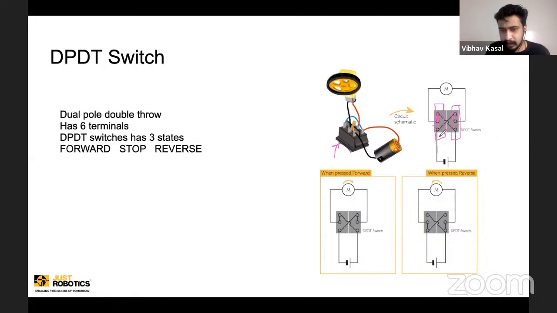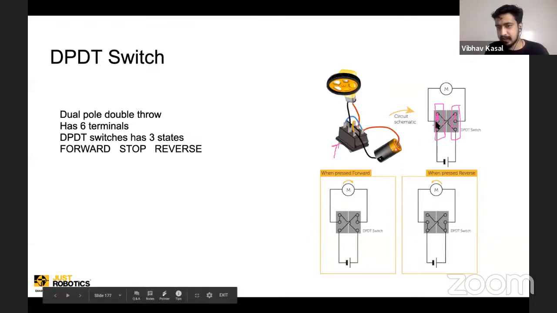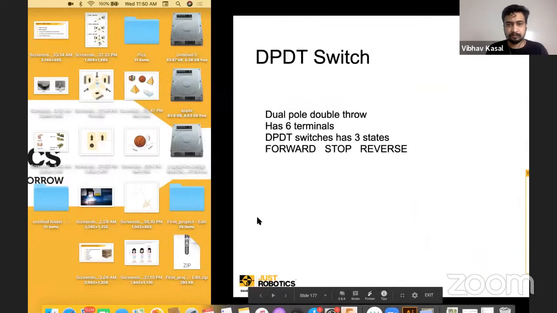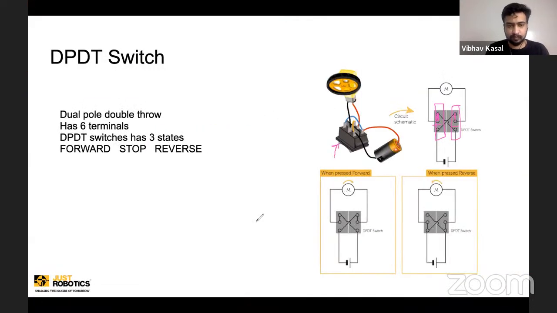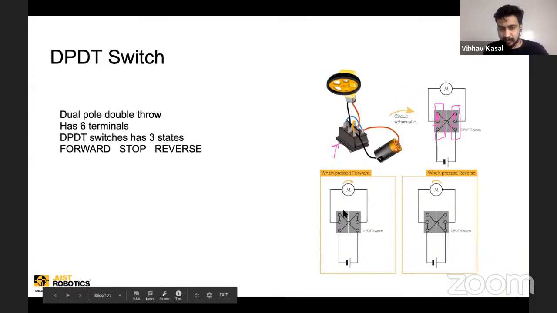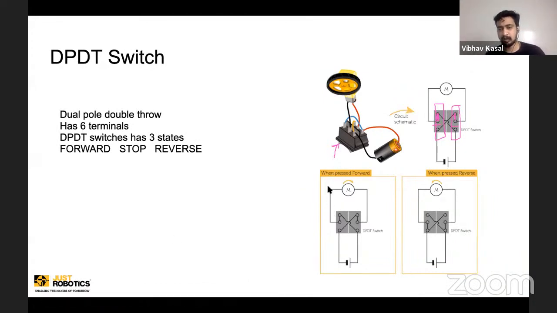So the center middle pins, these two pins, get connected to the two upper pins. So that is the DPDT switch. So with this configuration, we are making a robot or a motor go in a particular direction.